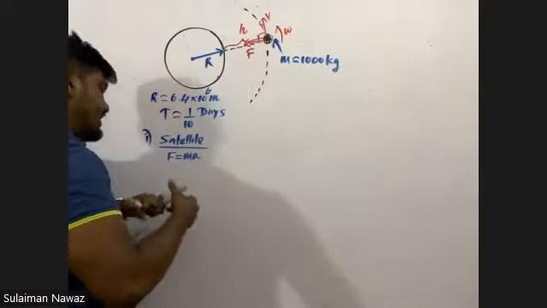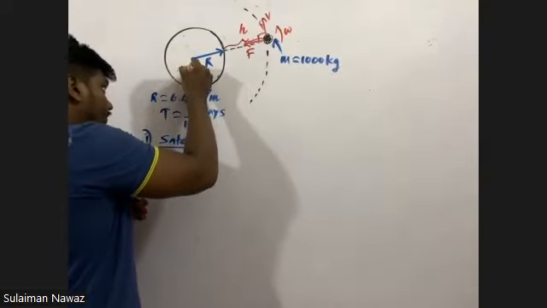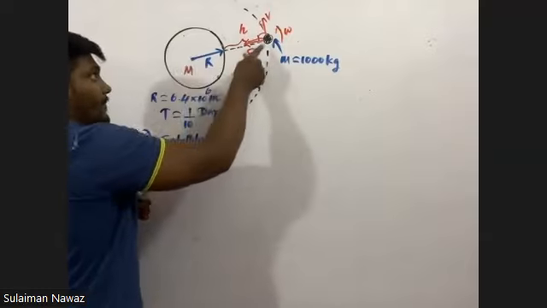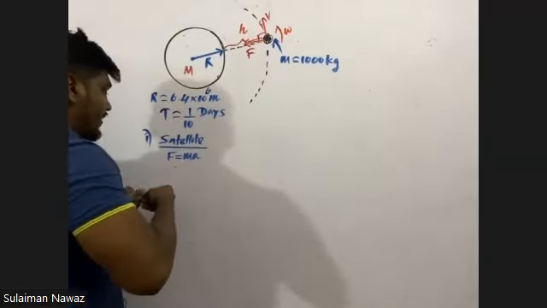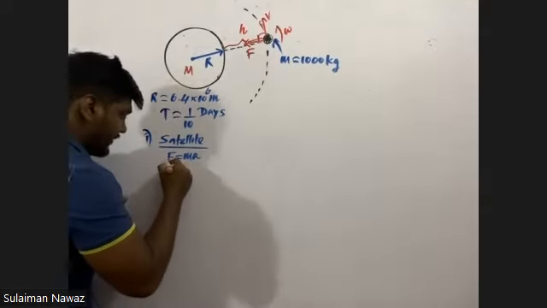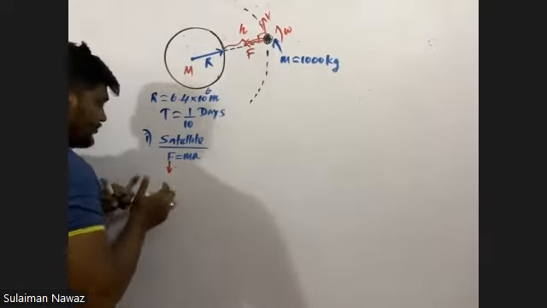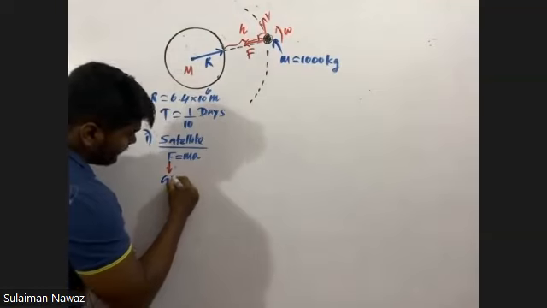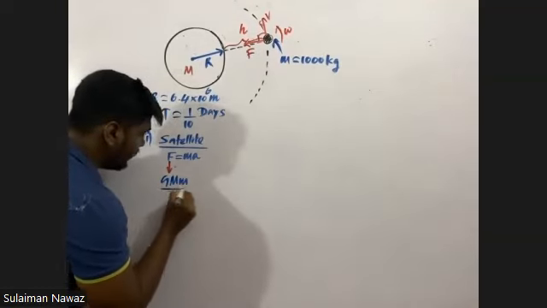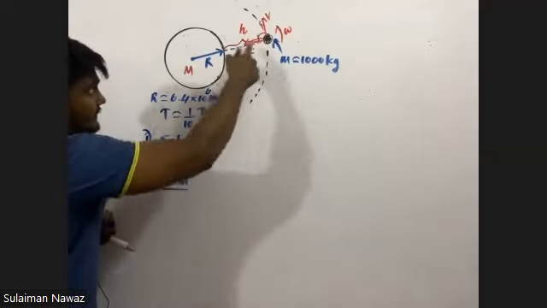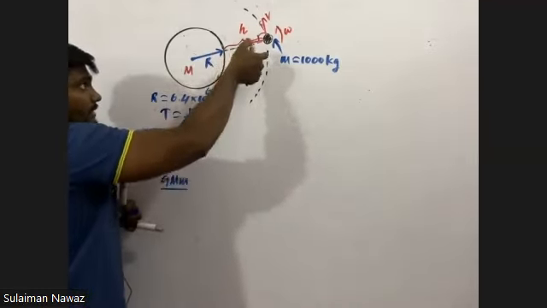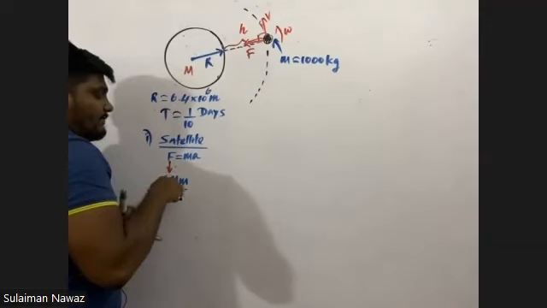The mass of the earth I will consider as capital M. Then I can write the gravitational force as G capital M small m over r squared.